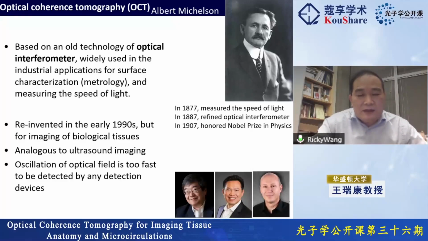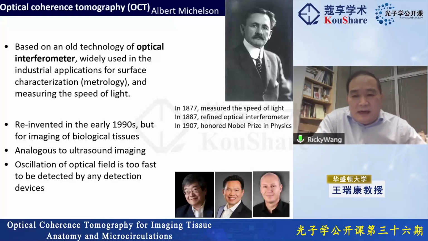We know that in ultrasound imaging, you put acoustic waves into the human tissue, and then you use a detector to detect the acoustic echoes from the tissue. The echoes of the acoustic waves are linearly related to the distance in the tissue, so the ultrasound can look into the tissue for imaging, okay? And the OCT is exactly the same. We're shining light into the human tissue and measuring the light echoes, okay?